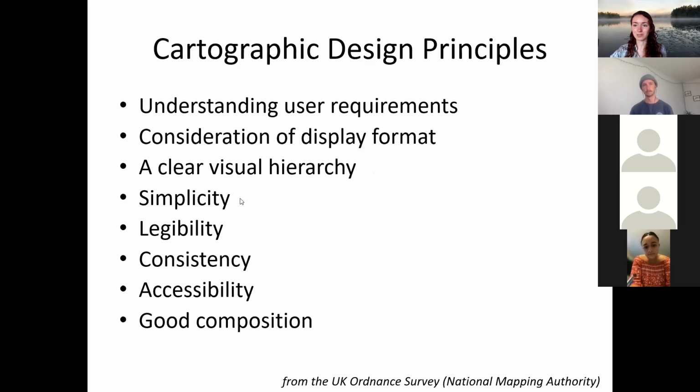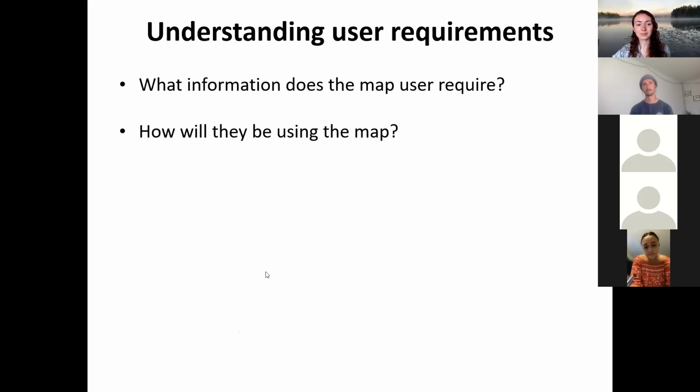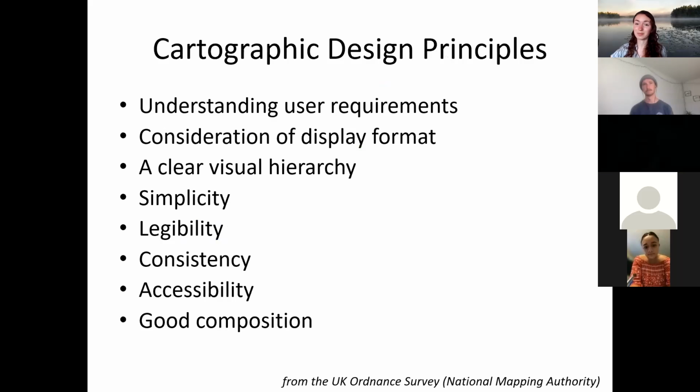Simplicity, making sure it's not too cluttered. Legibility, making sure it's readable, really important. Consistency, if you're showing multiple things on it, multiple symbols, make sure everything holds up and is consistent so that it's accurate. Accessibility, like could someone who's colorblind read your map?